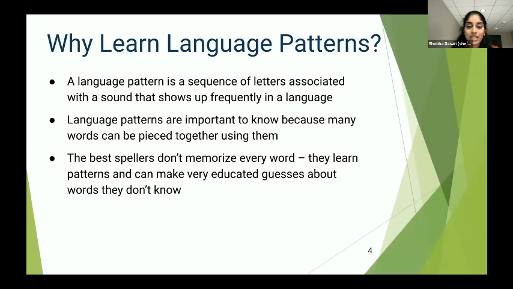It's really hard to memorize every word in the dictionary. So that's the point you probably want to get to, where for words that you don't know or haven't studied before, you can make those really strong guesses. Language patterns is one piece of that. Roots and the general spelling rules that we talked about in the previous two sessions are also other components of that.